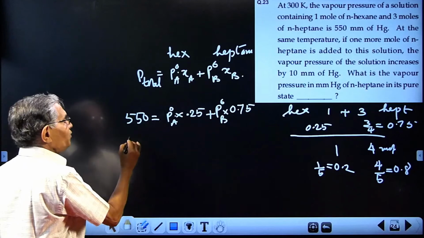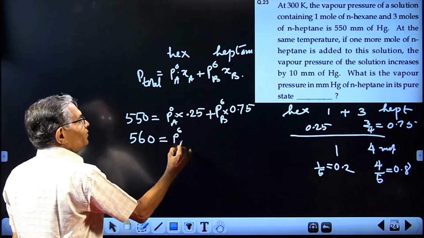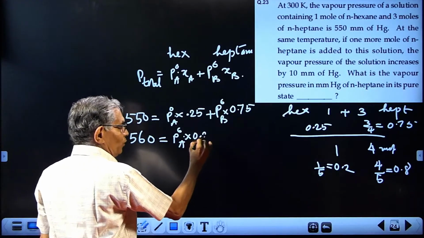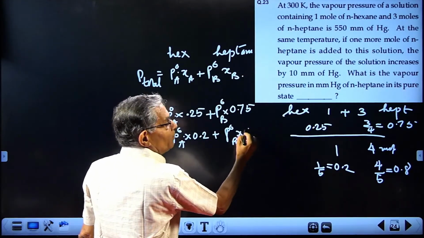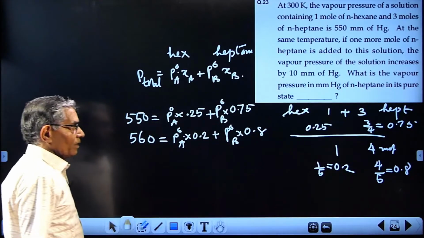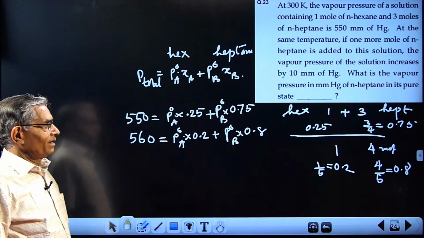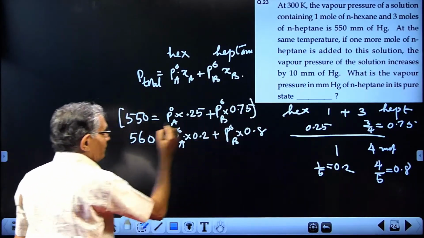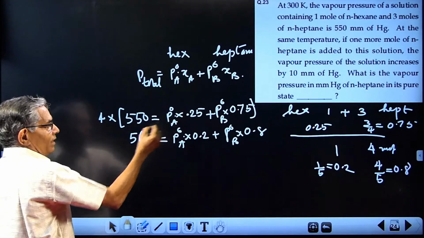In the second case, you can write 560 equal to P0A, mole fraction reduced to 0.2, into 0.2, plus P0B multiplied by 0.8. Now the remaining will be just a solution of these two equations. By making one of the coefficients the same, you multiply this with 4, so that this becomes P0A.